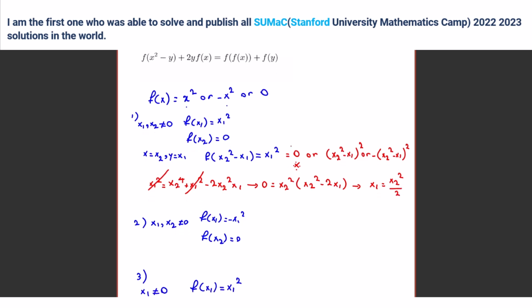Now if we check the last one, if x1 squared is equal to negative of that, so it would be negative x2 to the 4, negative x1 squared plus 2x2 squared x1, right? So here, what can we say?